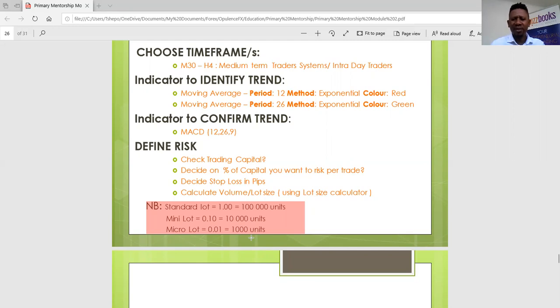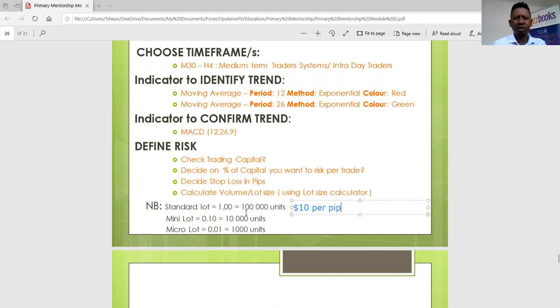So why is it important? It is important because, assuming that we are trading a major currency, the pip value changes with the lot size. Trading with one standard lot, you make $10 per pip when one pip moves.